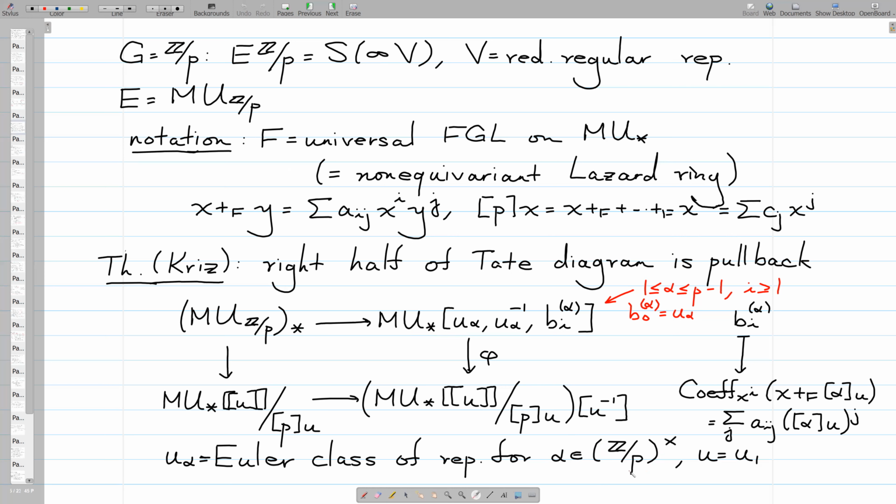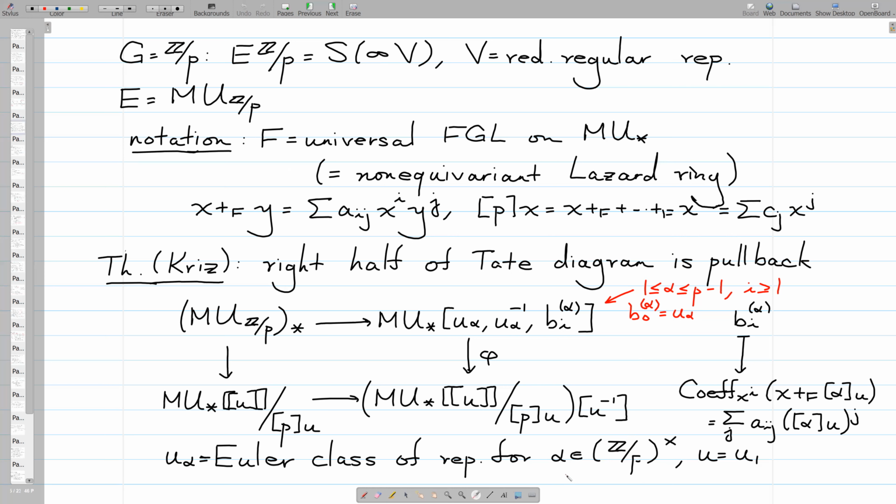For Z mod P, of course, it's just a cyclic group, so for each one of these elements there's a non-trivial irreducible representation that's just rotating the complex plane by 2 pi over P for the generator, for 1. So for each alpha, I'm denoting alpha also as the corresponding representation.